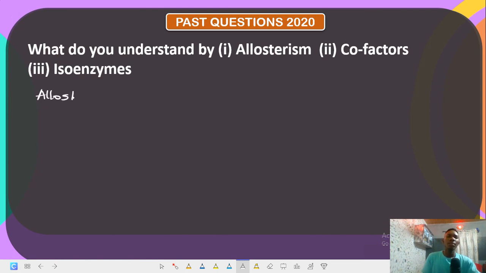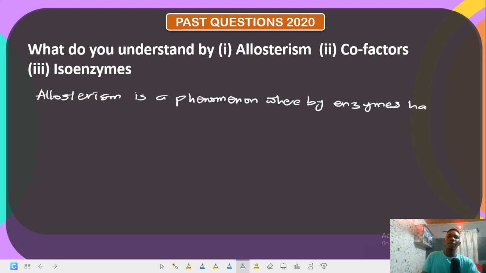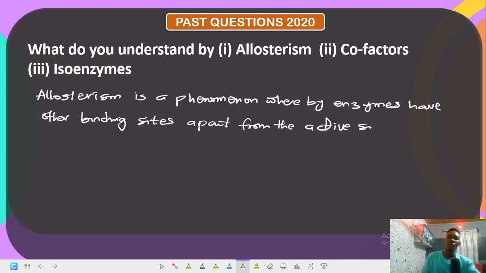Allosterism is a phenomenon whereby enzymes have other binding sites apart from the active site. That is what allosterism is all about.